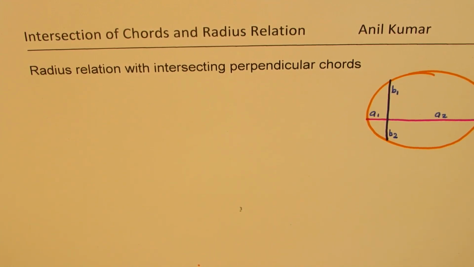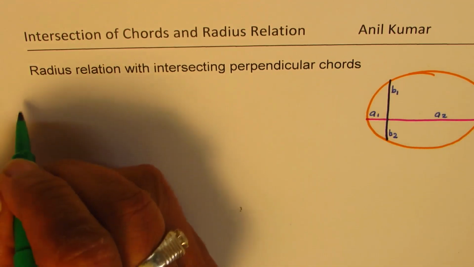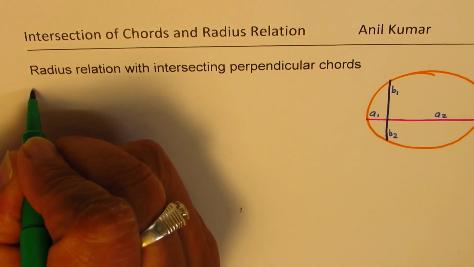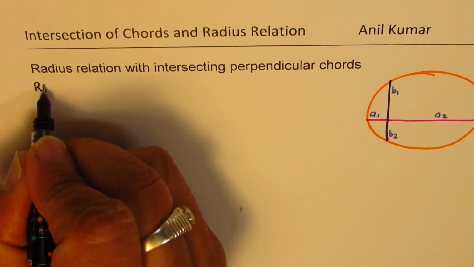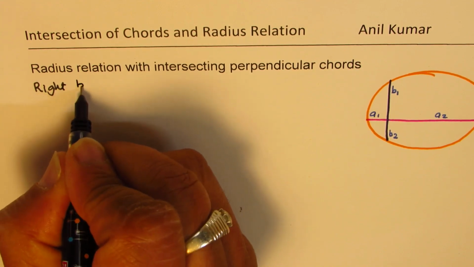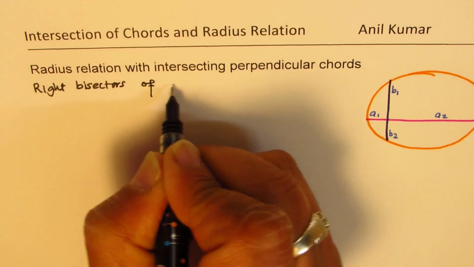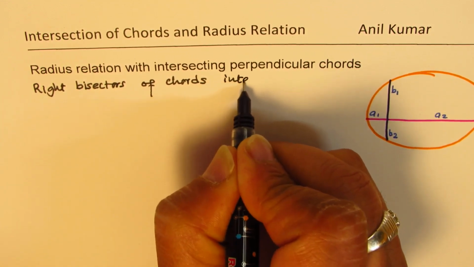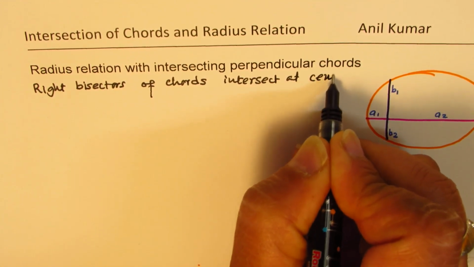Now the important thing to understand is, where is the center? Well, the center of this circle will be at the right bisectors. So basically, right bisectors of chords intersect at the center.